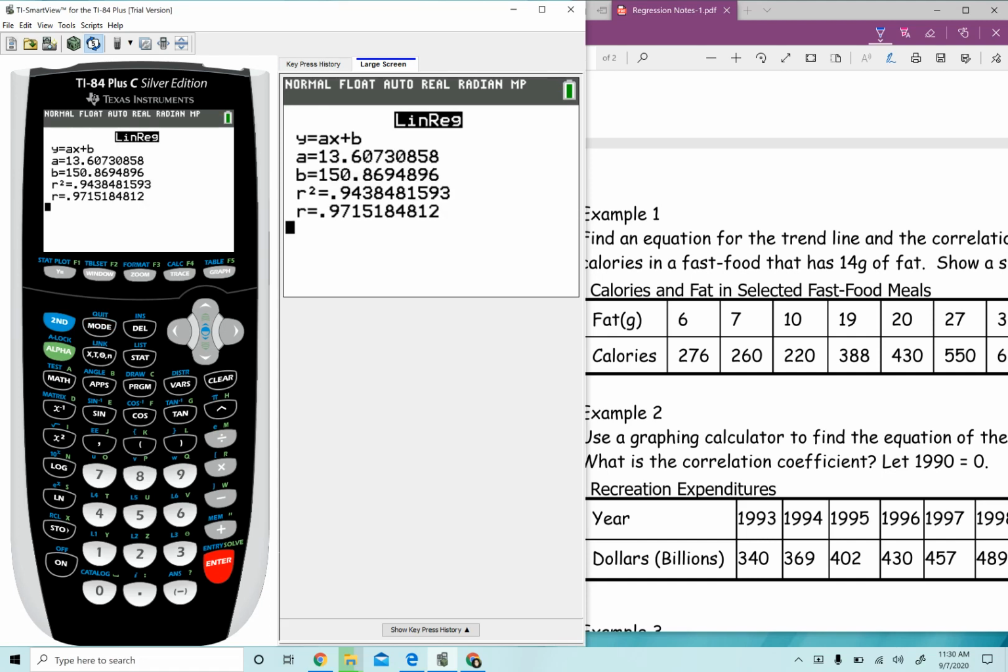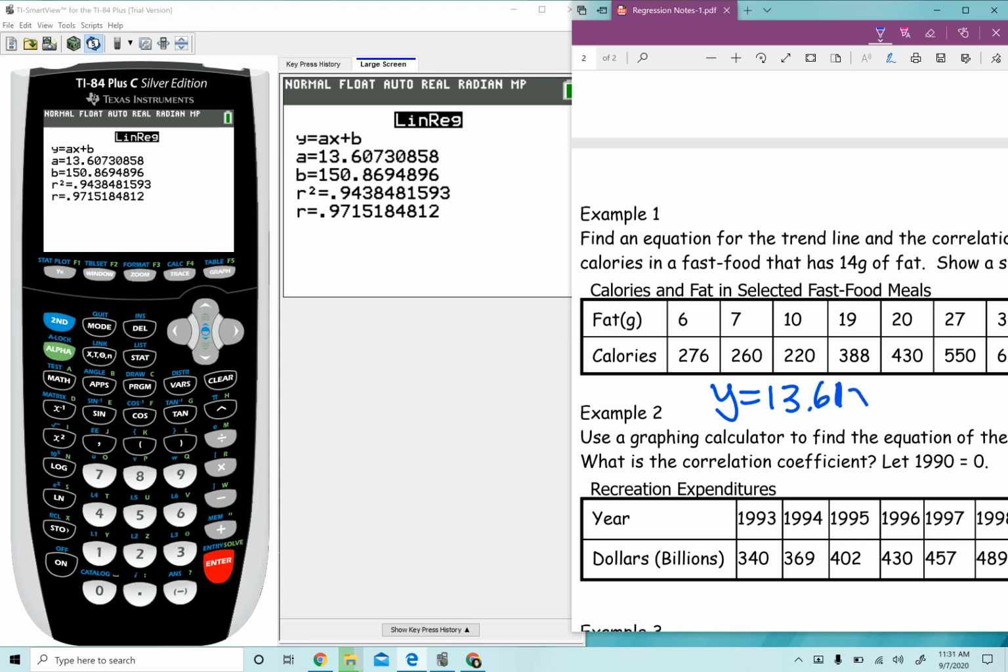And you'll see here that our r squared is 0.943. So not a great line, but not a bad line. So our equation is y equals a, which is 13.607, so 13.61, x plus 150.869, or 150.87. That would be the equation of our line.